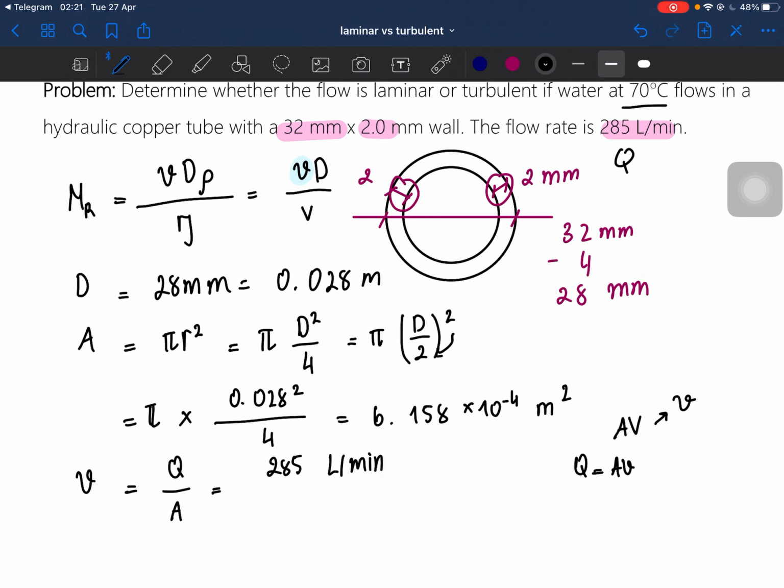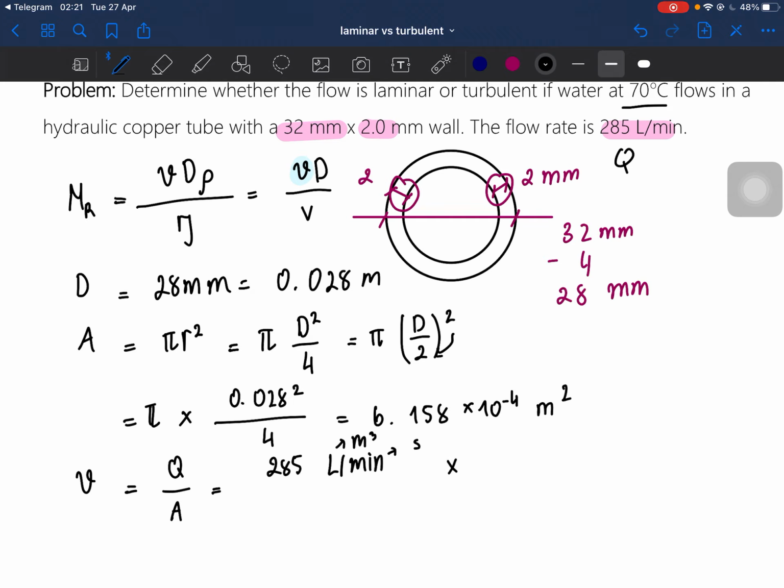So we actually need to convert this to something else because we need this into second. I think we have converted in the previous videos. We want this one as meter cube as well.